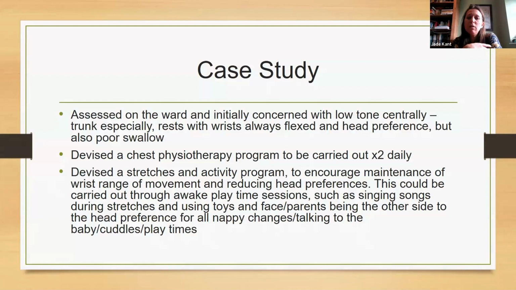But rather than it always being physiotherapy type stretches and activities, we can just say, why don't we do it during an activity song, such as singing songs, using toys and the excitement of rattles and lights, or just parents or carers, because babies under 3 months will typically prefer a face and voice, someone talking to them.